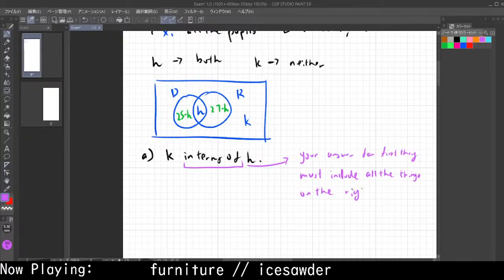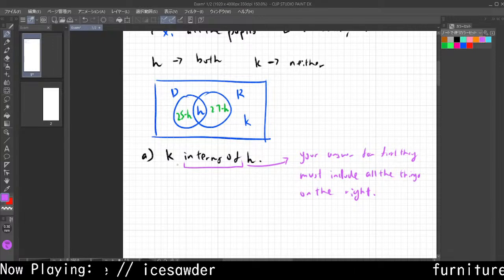In this case we only have one thing on our right, which is H. Therefore your answer for K, if you work it out, should have H inside it.